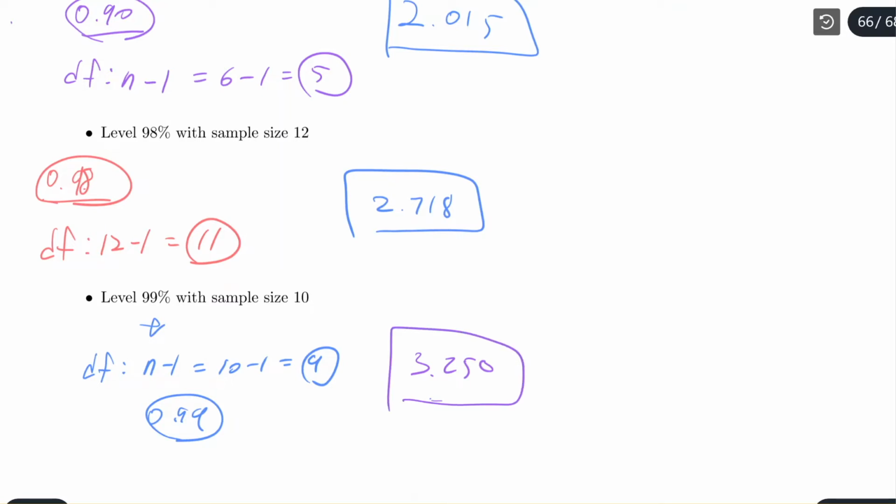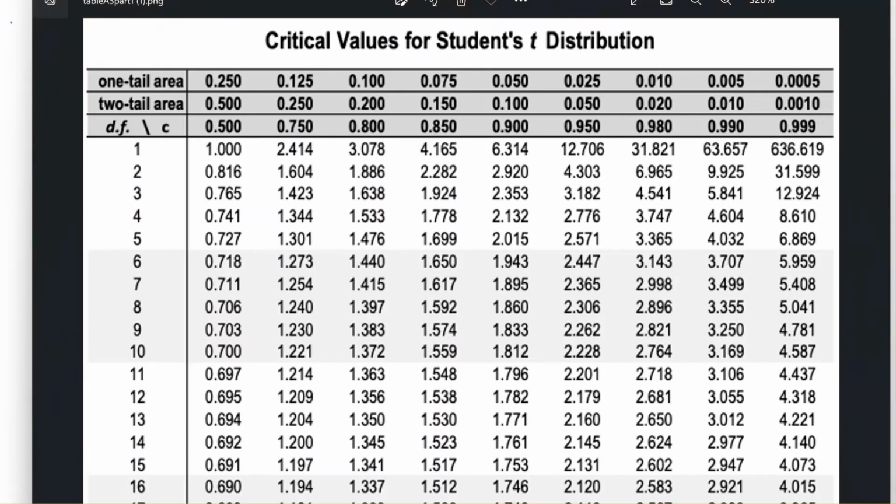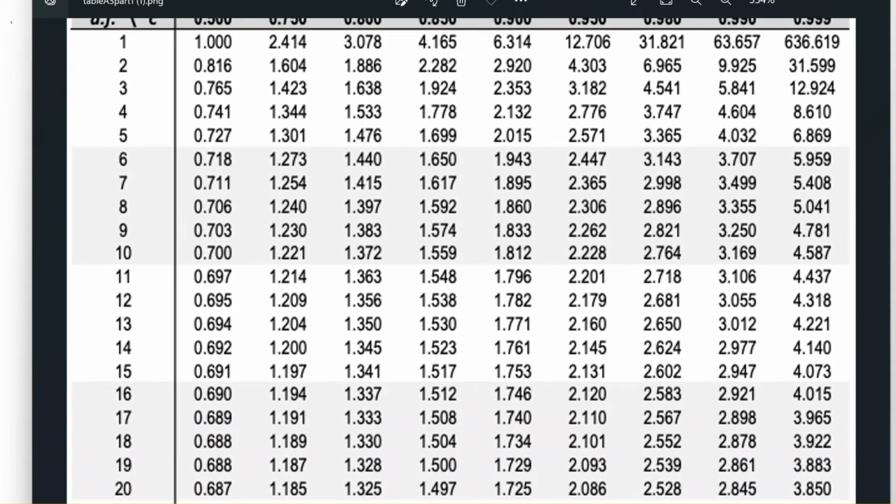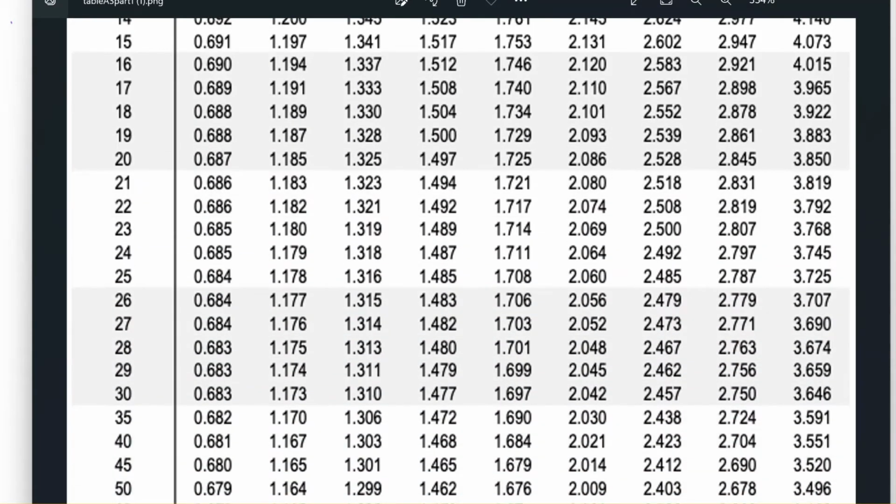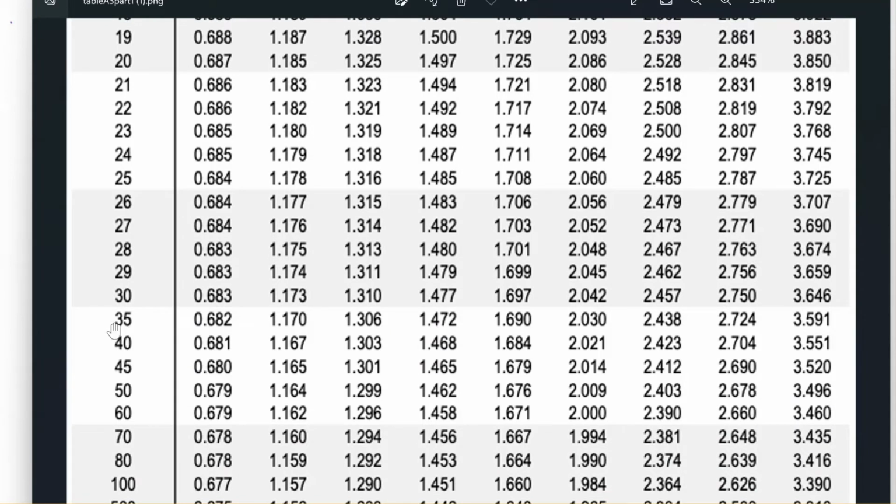And let's go back to the table. If the degrees of freedom is not given in the table, let's say the degrees of freedom of a problem was 39, with sample size 40, then we actually use 35, the closest smaller one.